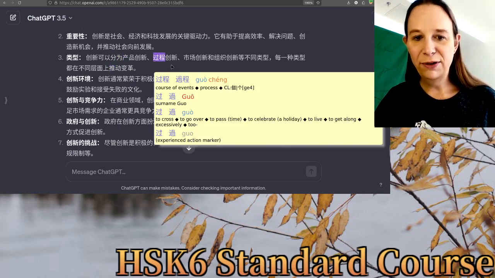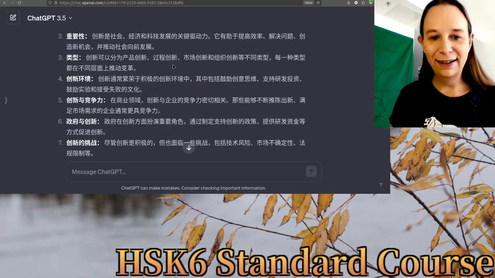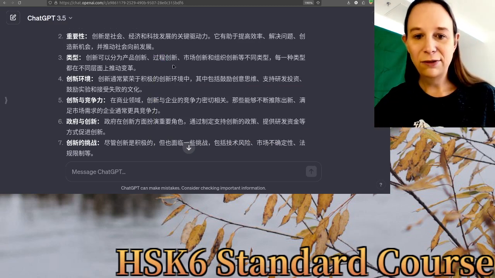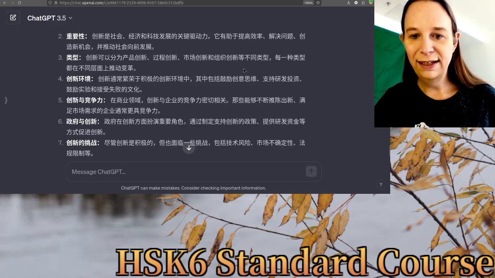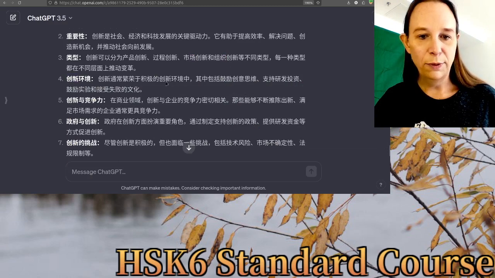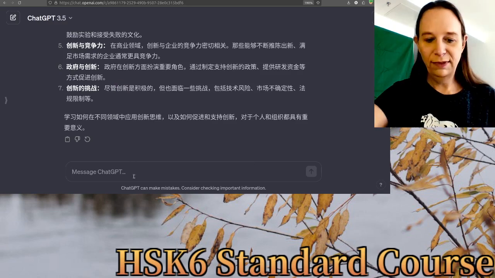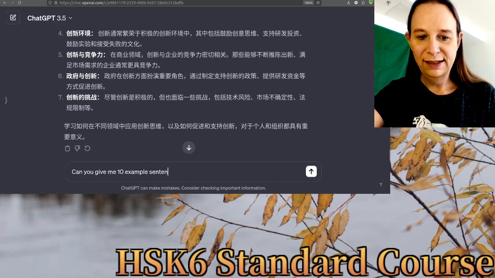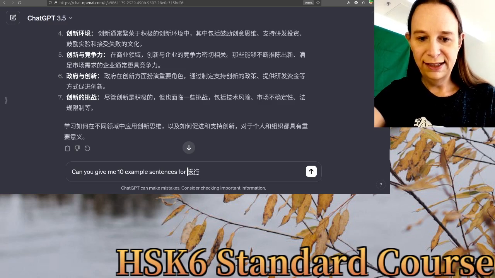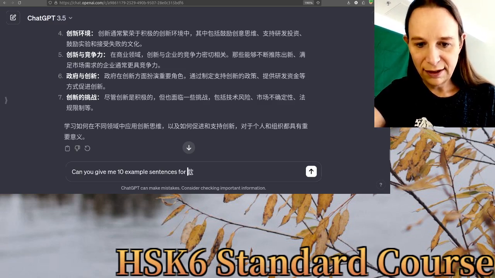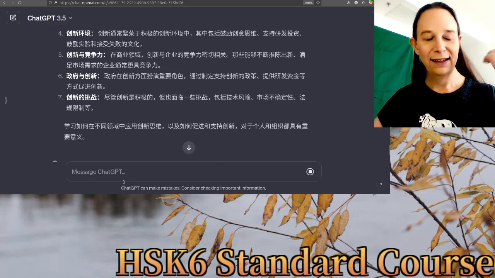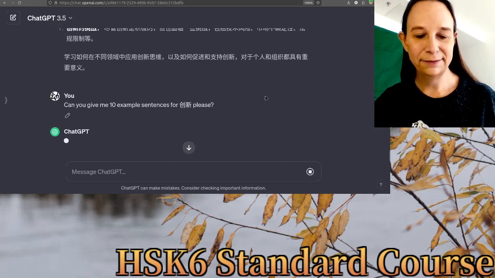It's like an innovative process, like a process innovation. 市场创新 market innovation 和组织创新等不同类型。创新环境，创新与竞争力，innovation versus competitiveness，政府与创新。Okay, can you give me an example sentences for 创新？ Third time's a charm.